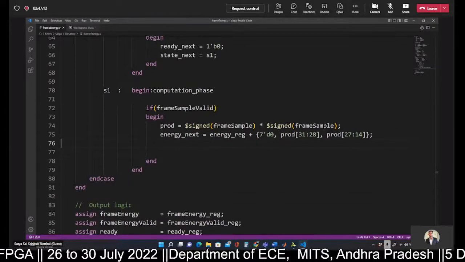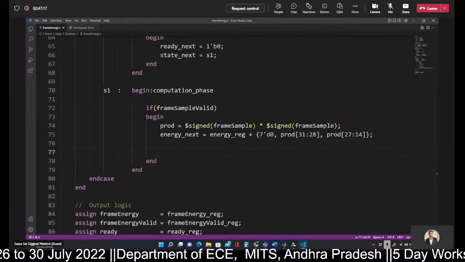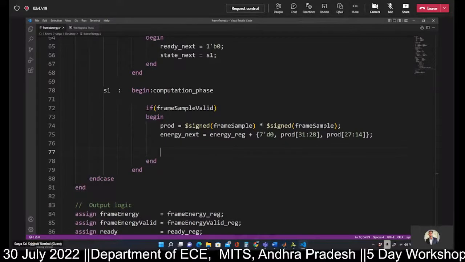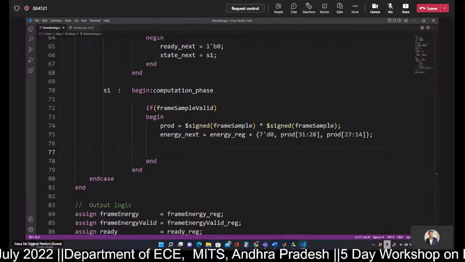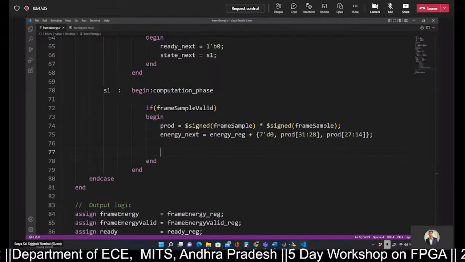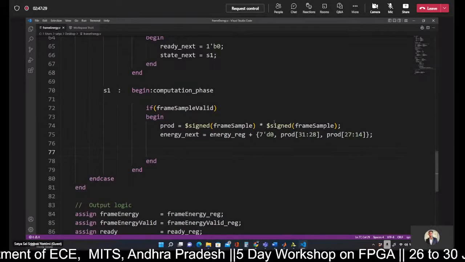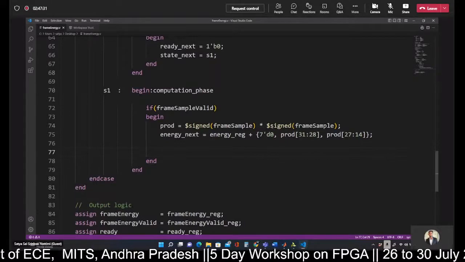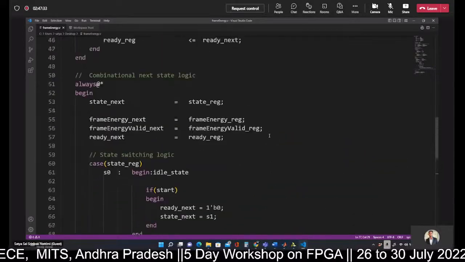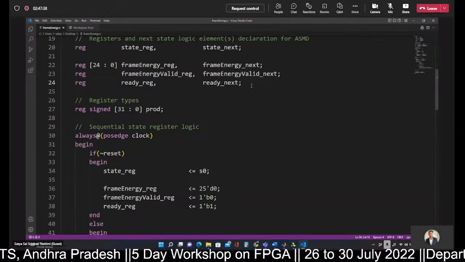But we have to complete this program, right? And like this, how many times does it have to accumulate? It has to accumulate, calculating the energy value for the given frame size. So how will our module know how many samples it has processed? For that we need a counter register in order to count the value.